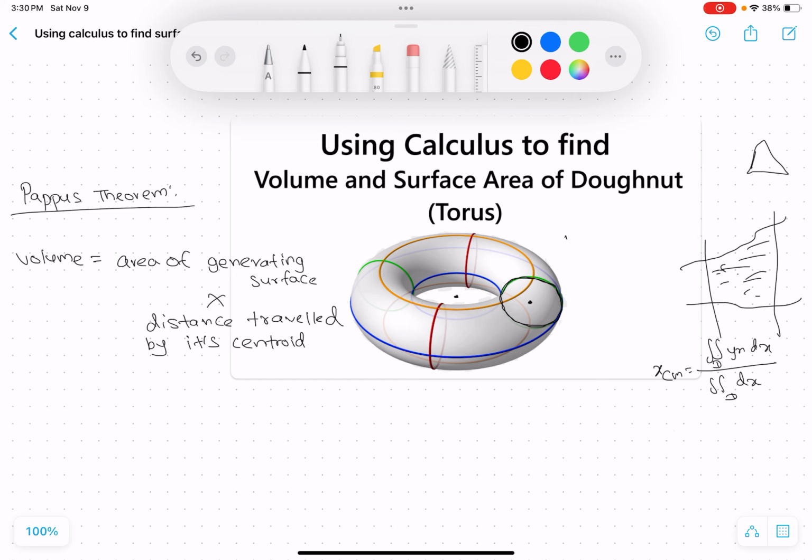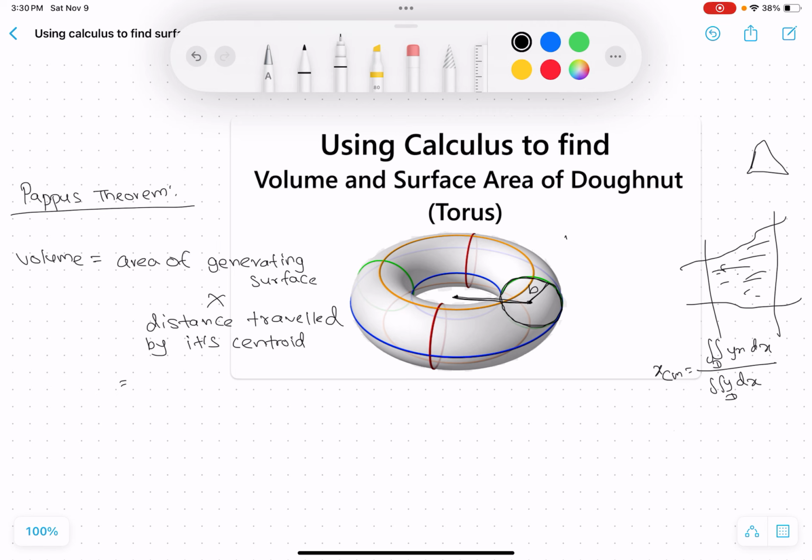So anyways, you can google that if you want to find how to find the center of mass of irregular bodies using integrals, but for now it's easy because our generating surface is a circle, so the center will just be the usual center. Now the area of our generating surface, let's say this length is b.